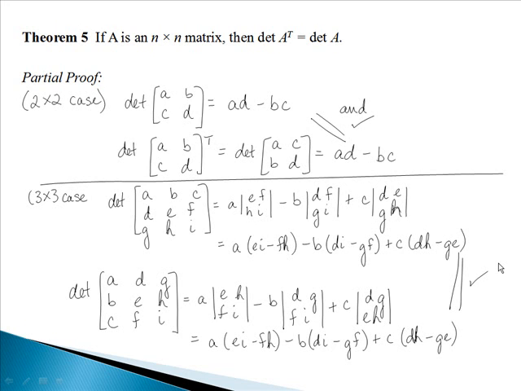So what we've just shown then is if we looked back at the theorem we began this section with, Theorem 3, it would still hold true if the word row was replaced with the word column, since we've just shown that the determinant of A is equivalent to the determinant of A transpose.